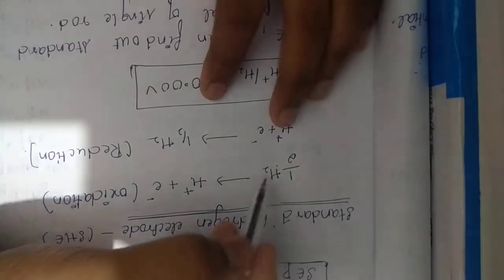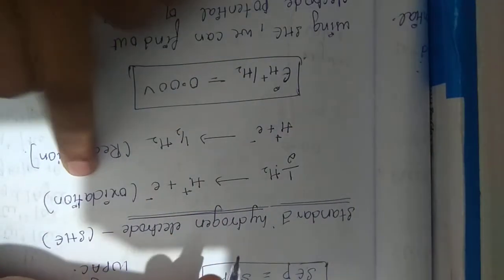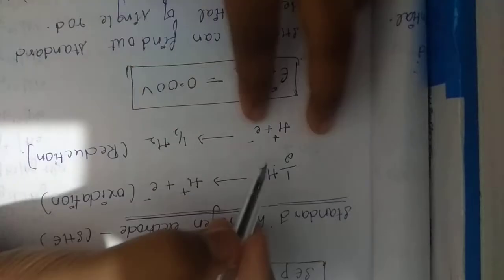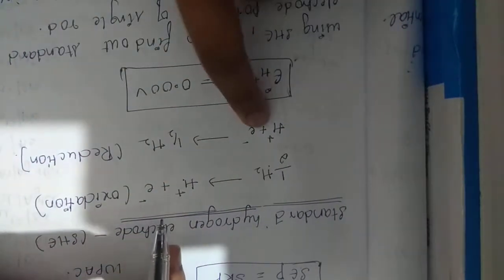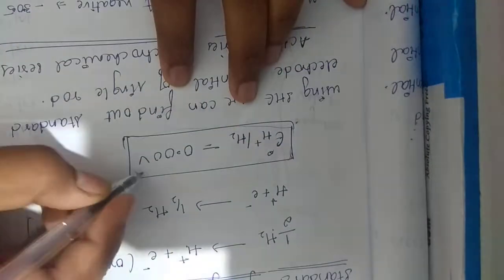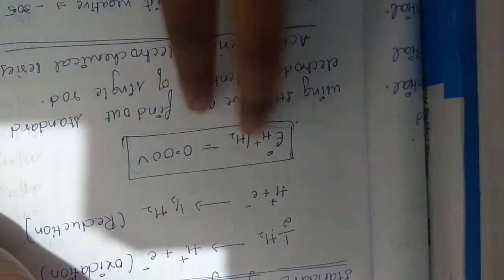Okay. Now the oxidation part. What is the oxidation part? That is the anode part and this is the cathode part, right? What is oxidation? Removal of electrons, and reduction is the addition of electrons. Now this is the standard value. You should remember it perfectly. Now what is the E naught of H?